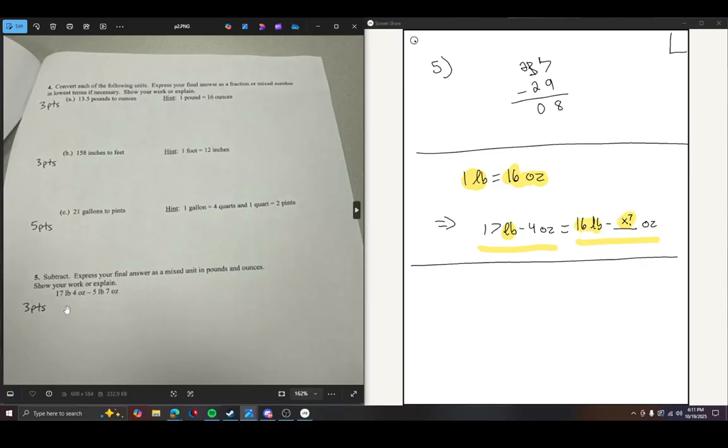And the question for you is, how many ounces? Because we have originally 4, and we're pulling from that pound. So we're subtracting 1 pound, and we're adding it to that to get that number. So I'll let you do that.